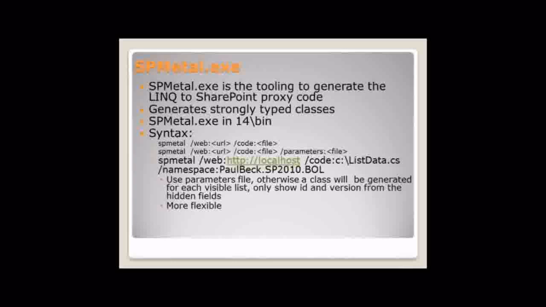By default, what SPMetal generates is it'll generate any field type, so that's any site column that is found within the SharePoint Foundation 2010 edition. So you don't get any of the more advanced types, such as the publishing fields. And then also the hidden fields. Only two fields are shown by default, and that's the ID field and the version field.